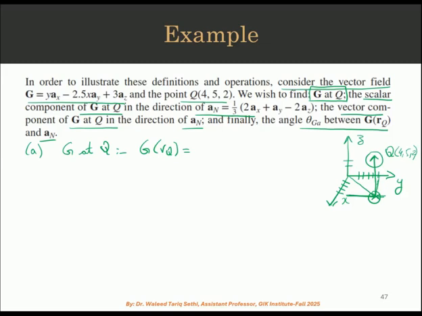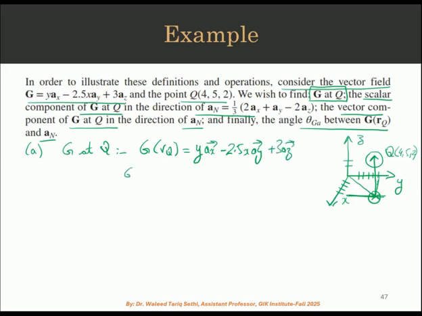Okay, so now what is G at Q? We are going to incorporate the value. The value of G is 5 AX minus 2.5 AY plus 3 AZ.